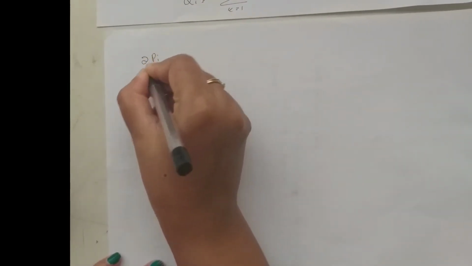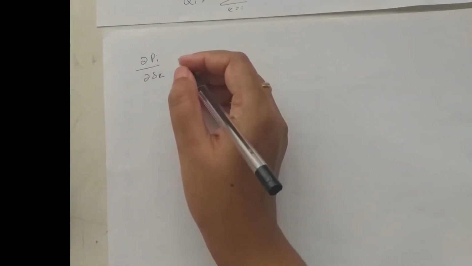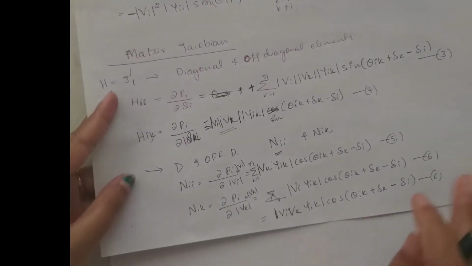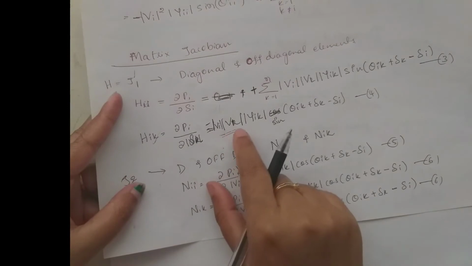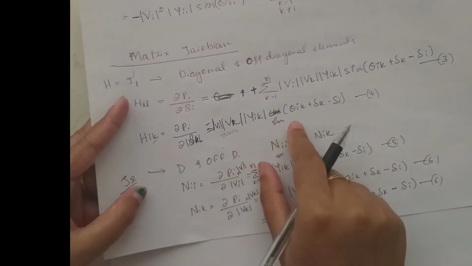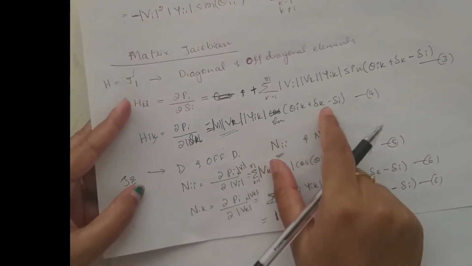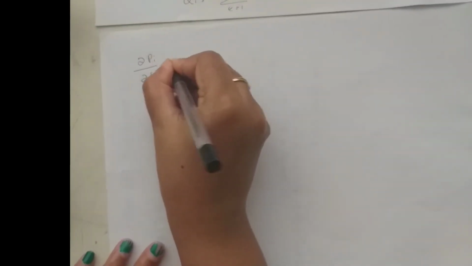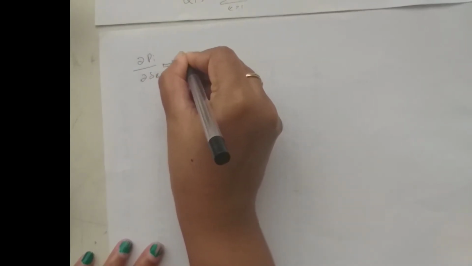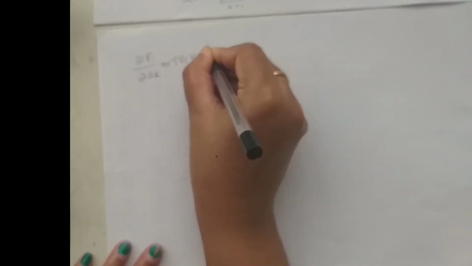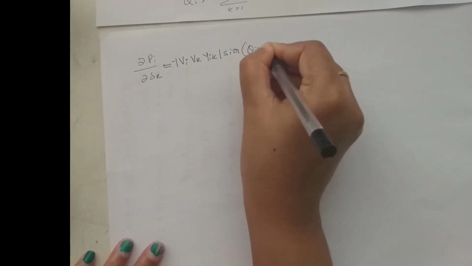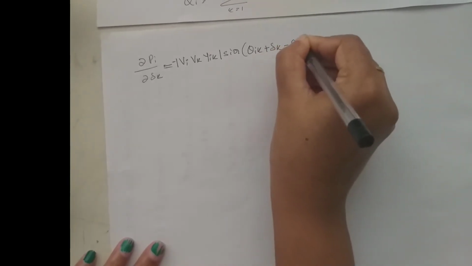Already we got the answer: minus Vi Vk Yik sin of theta ik plus delta k minus delta I, correct. So write this as it is.